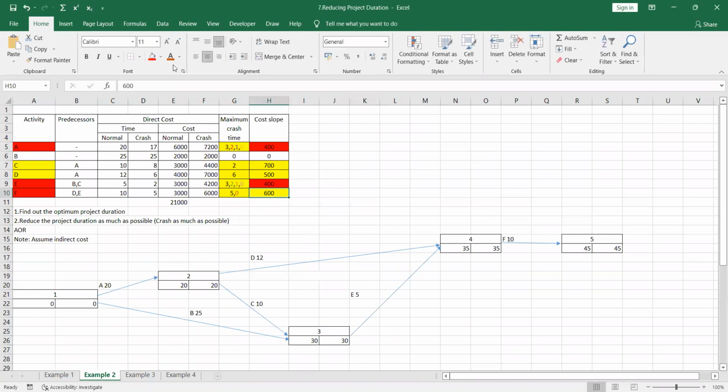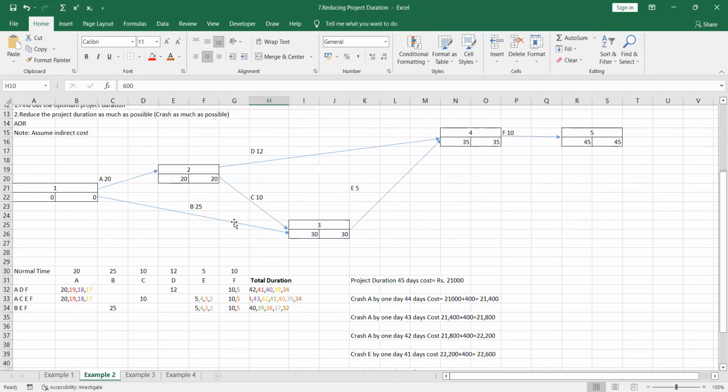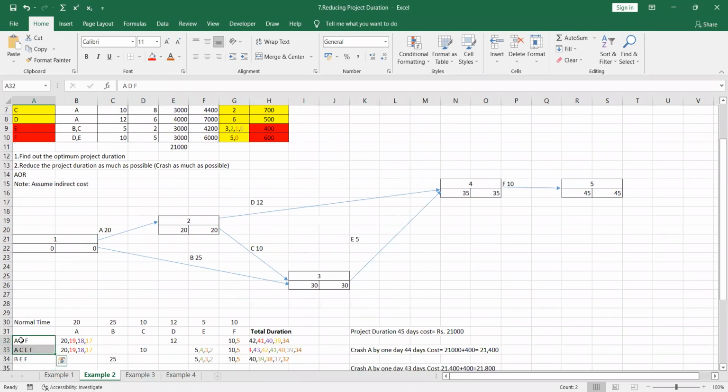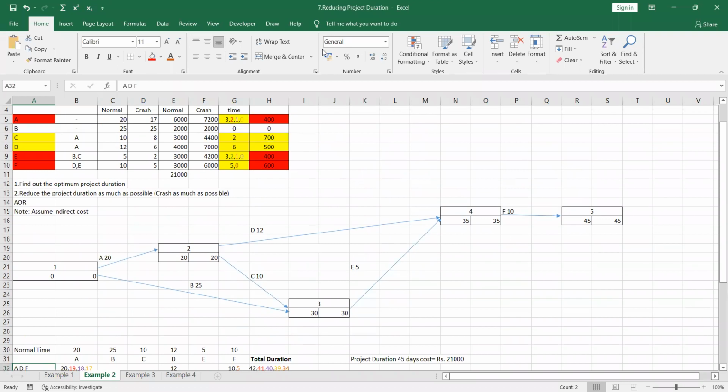F is also out now. So A is out, E is out, and F is out. That means among these two critical paths, C and D are the common ones, right? Both C and D you have to reduce.